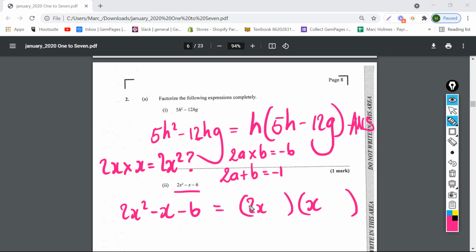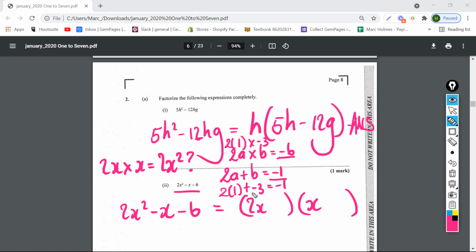So I need to think about it. Which 2 numbers can I put in this, 2a times b or 2a plus b, to give me -6 and -1? 2 times 1 times -3 will give me the -6, and 2 times 1 plus -3 will give me the -1.